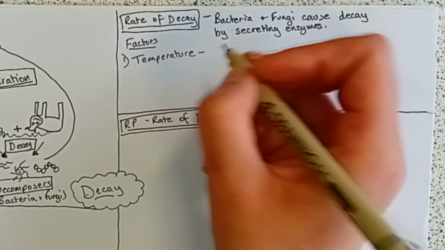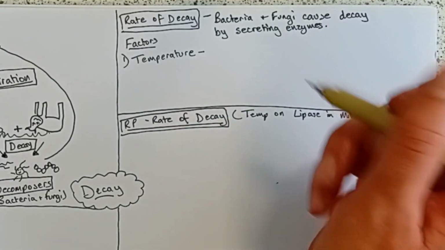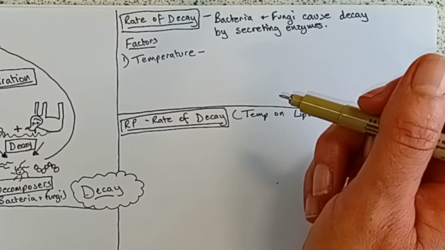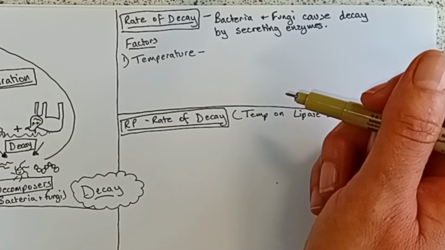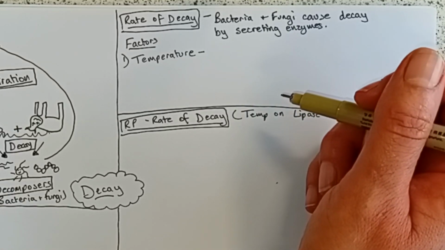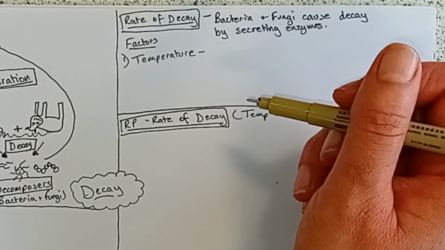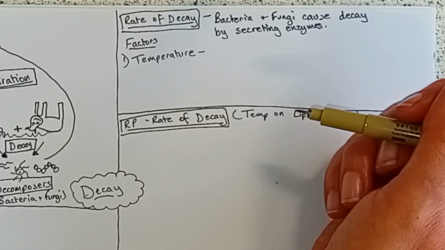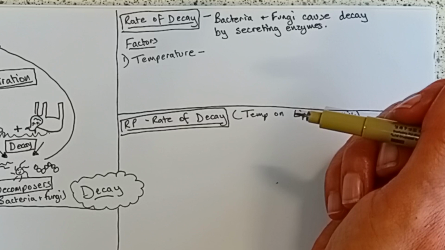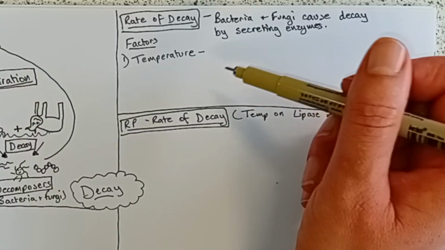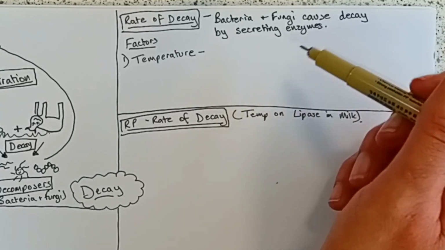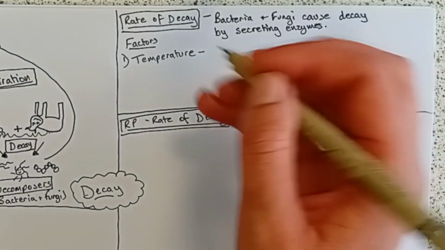Just like with enzyme theory, when it's warm, there's more kinetic energy, there'll be more reactions, which means the rate of decay will be faster. And if it's cold, there's less kinetic energy, so there'll be fewer reactions, so the rate of decay will be slower. We also need to remember that if it gets very hot, then the enzymes will be denatured, and so there will be no decay at all.